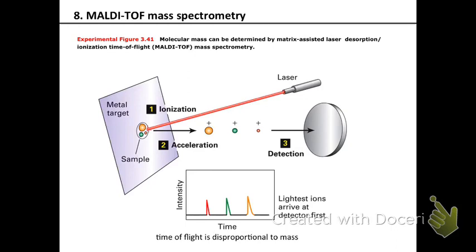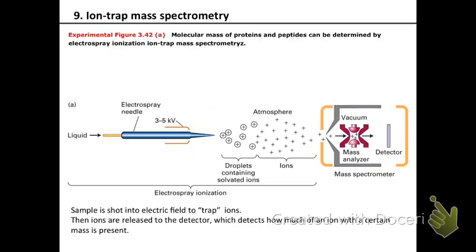All right, a second type of mass spectrometer is called ion trap mass spectrometry. So the principle of this is a little bit different in that the mass analyzer does the separation here using electromagnetic fields. So the ion separation is not based on time of flight. Okay. So in this case, what you're doing is that you're taking your sample, which is in liquid, it's a mixture of peptides and proteins, right?